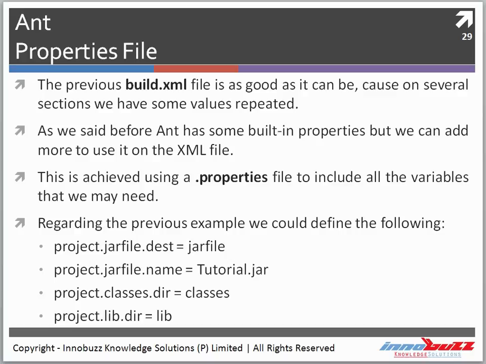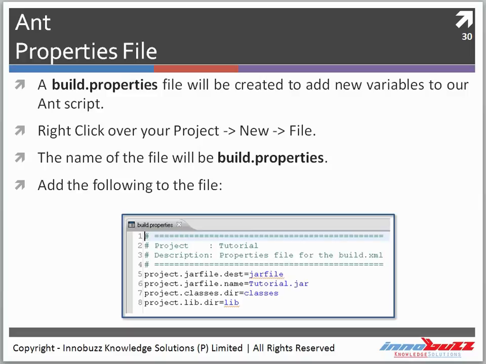You can define some values or variables on a properties file and use them on your Ant script. On this properties file, we're going to define some variables. Take a look at the ones proposed on the slide. Create a new build.properties file under your source folder. Add the variables proposed on the slide.